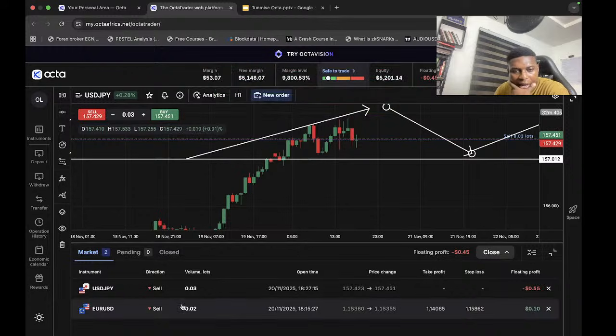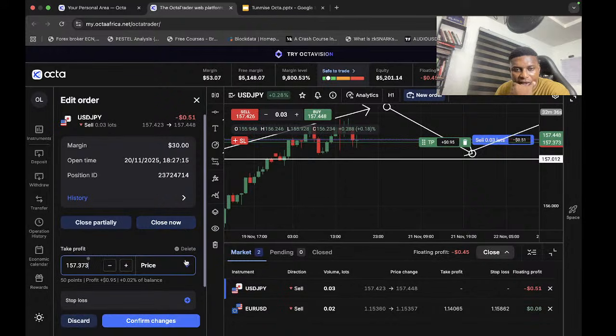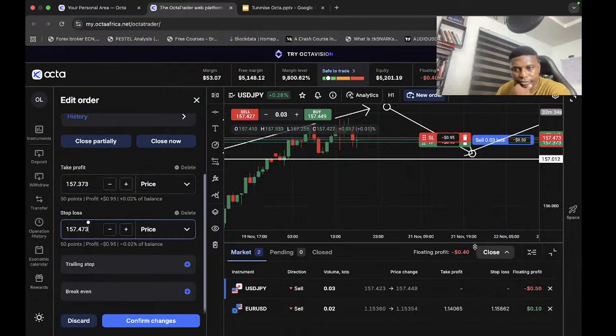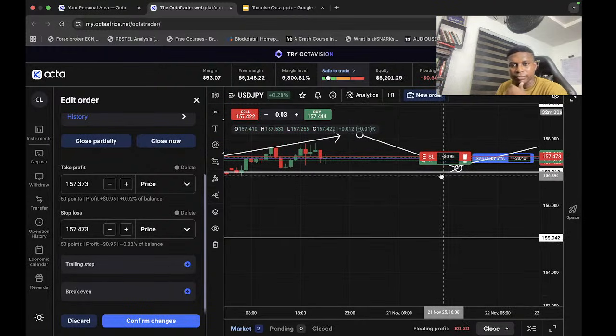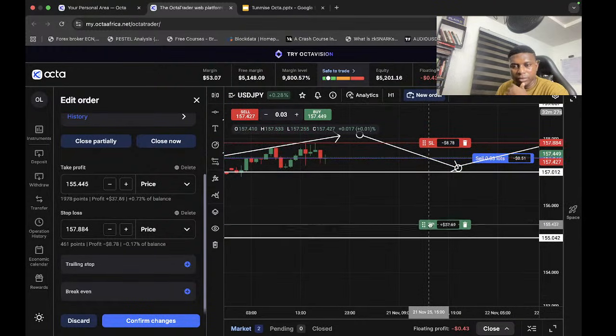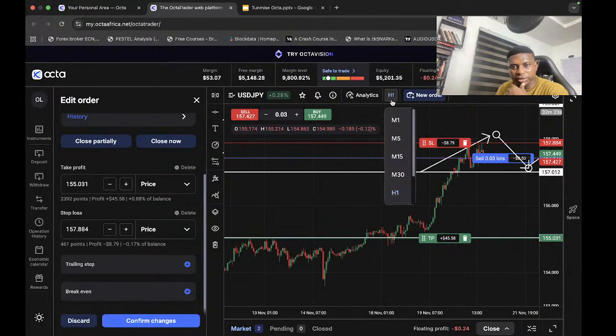So I would go and set the stop loss and take profit level.